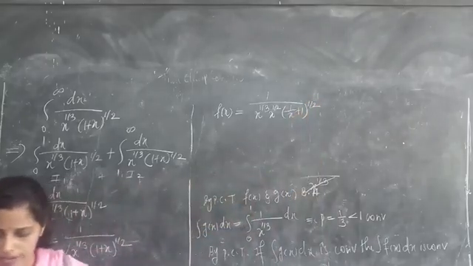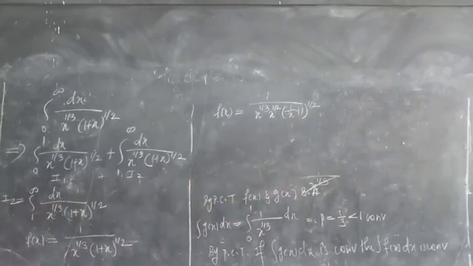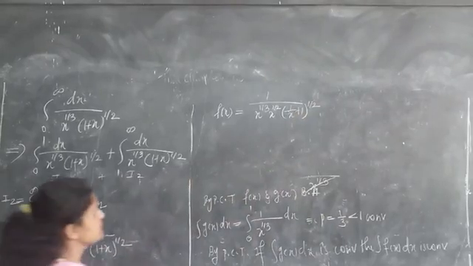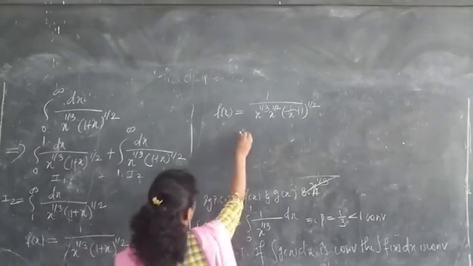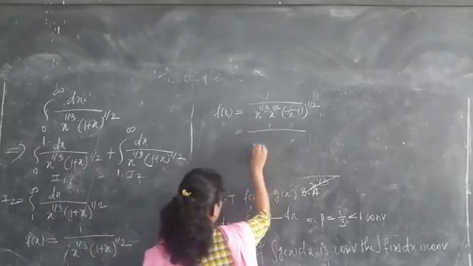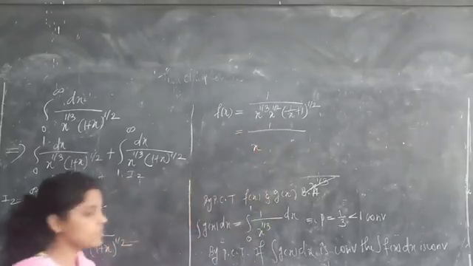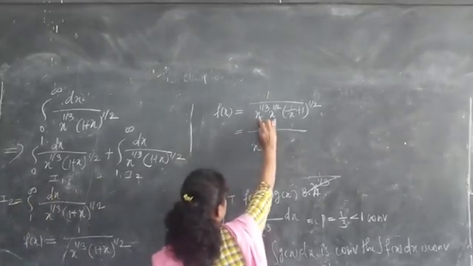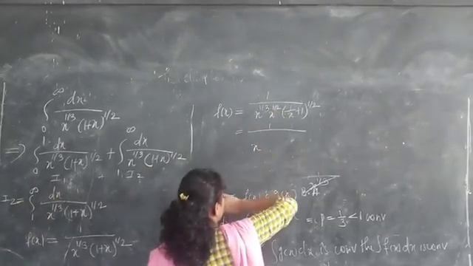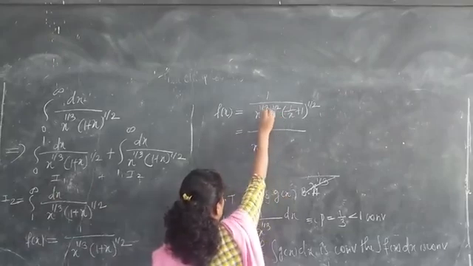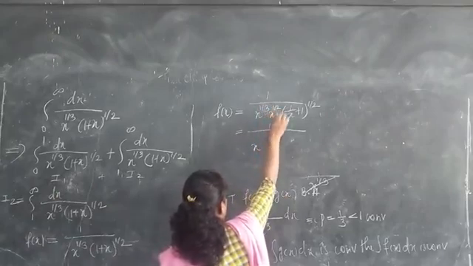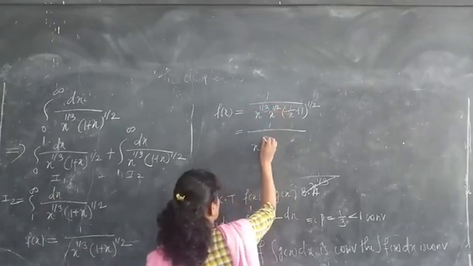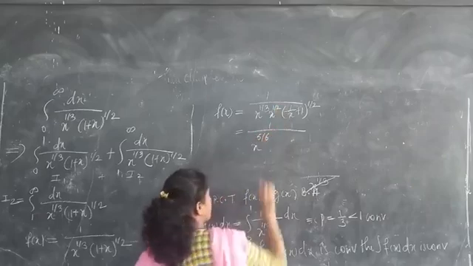Since the base is the same, we add the powers: 1 divided by 3 plus 1 divided by 2 is 5 divided by 6.